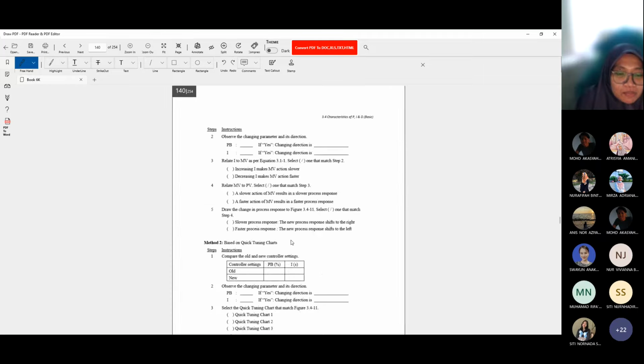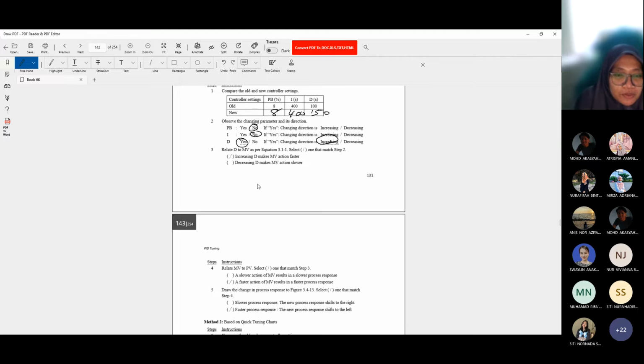Who remembers the relation between D and MV? Check again. Is it directly proportional or inversely proportional? Directly proportional. Okay, so MV is directly proportional to D. So when we increase the value of D, will MV go faster or slower?